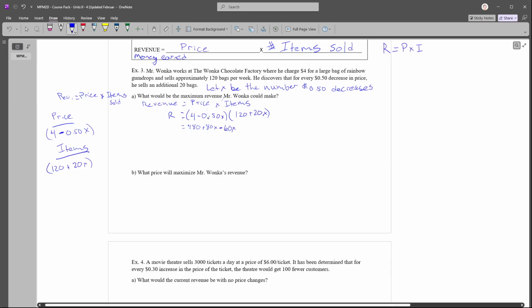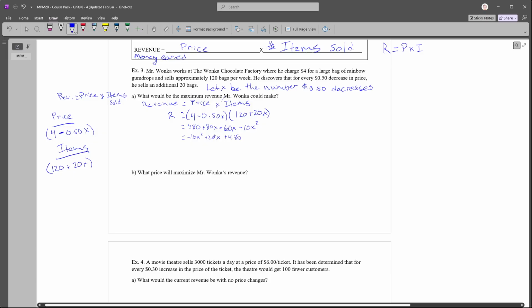And a negative 0.5 times 20x is going to give us negative 10x squared, because we have an x times an x. Now we need to collect all of our like terms and reorganize this. So we have negative 10x squared. We have 80x minus 60x, so that's plus 20x, and then plus 480.